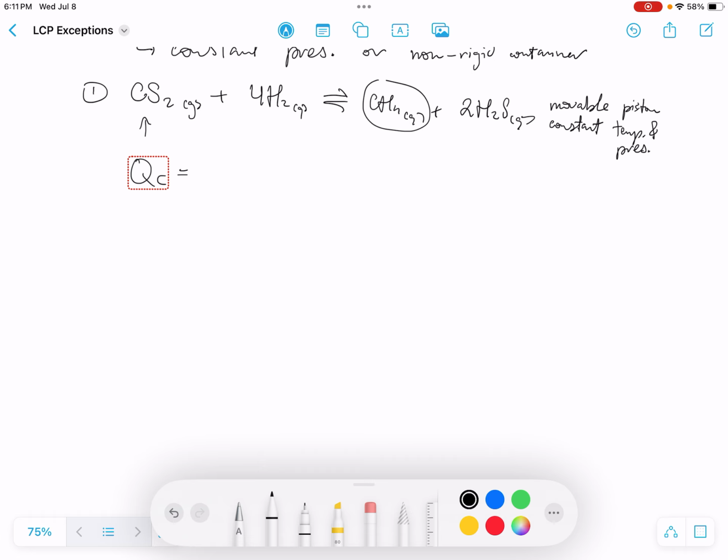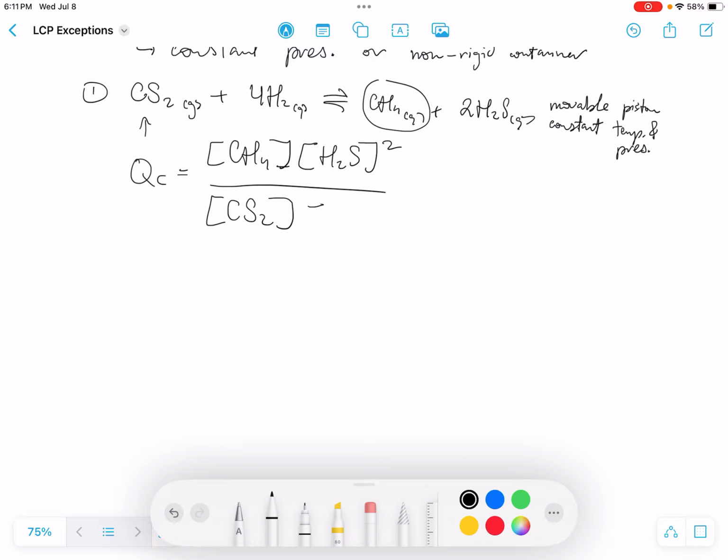And remember, because we have a volume and moles of gas, you can represent it as a concentration. So we're going to have the concentration of methane times the concentration of H2S squared, over the concentration of CS2 times the concentration of H2 gas to the 4th, right?